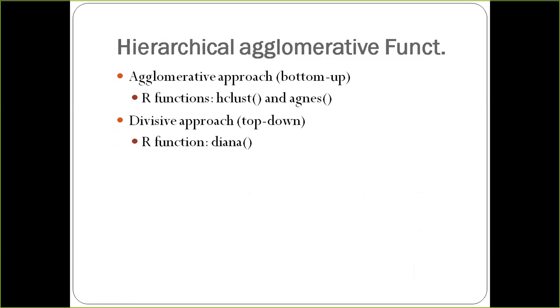So some of the functions: hclust or Agnes, or basically top-down, which is Diana. One basically starts with everything grouped together and then breaks it apart based on distance, and the other one starts with everything separate and builds everything up. So that's the two approaches.